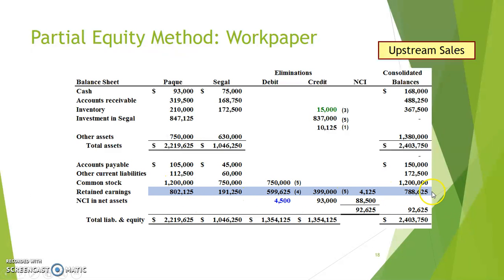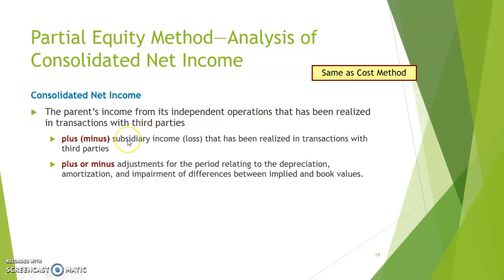Having made that transfer, we go through the process of completing our consolidated balances, where we are making our necessary adjustment to the respective accounts for PRAC and SIGAL. And we would have made our calculation here for our NCI, and therefore our NCI's balance is now 92,625,000. So what we should note in terms of analyzing our consolidated net income, under the partial equity, it is basically the same as the cost method.